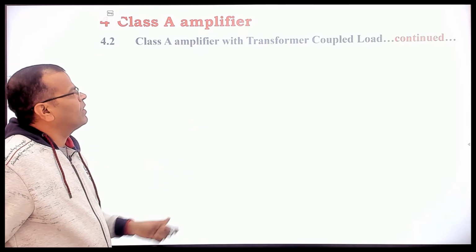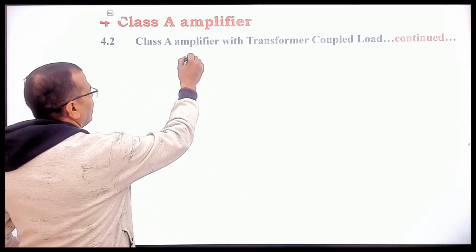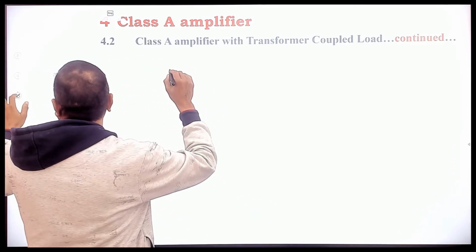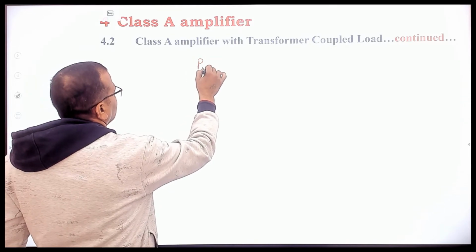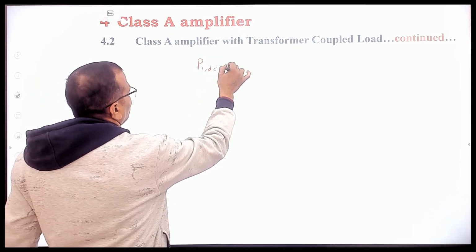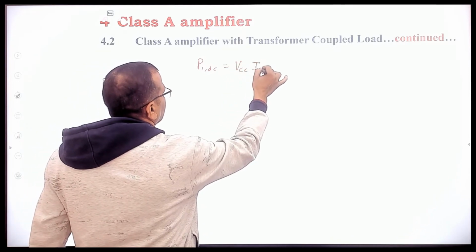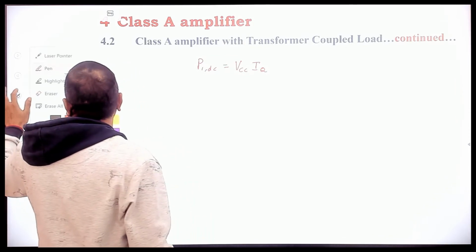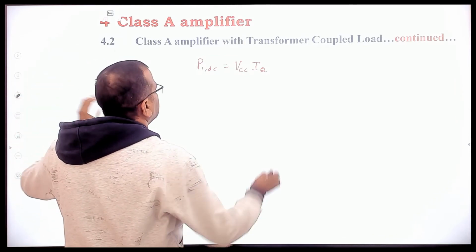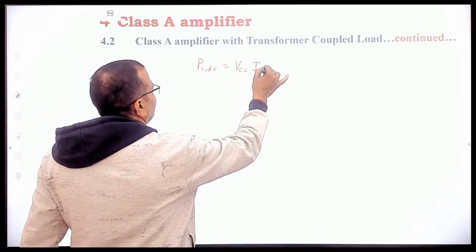Then input power. When you say input power, then DC input power. So the DC input power, P input DC, is equal to VCC into ICQ, right? That is the DC collector current, you can say, ICQ.